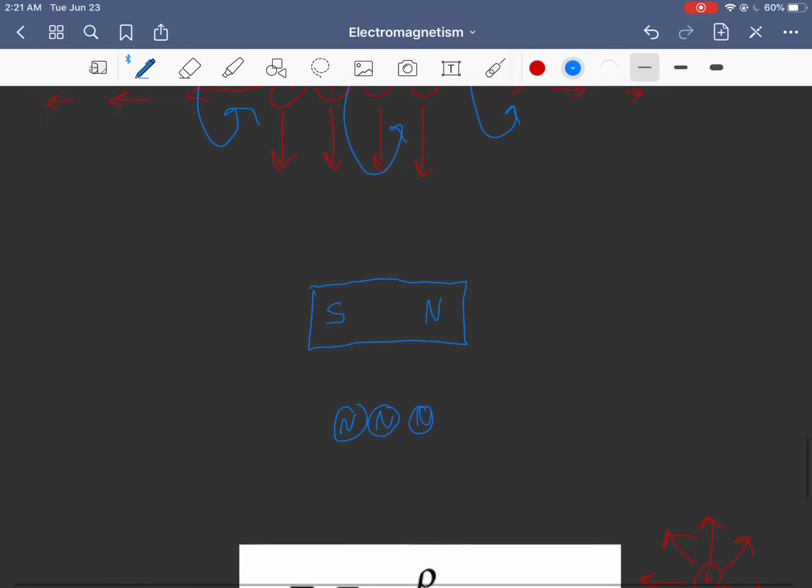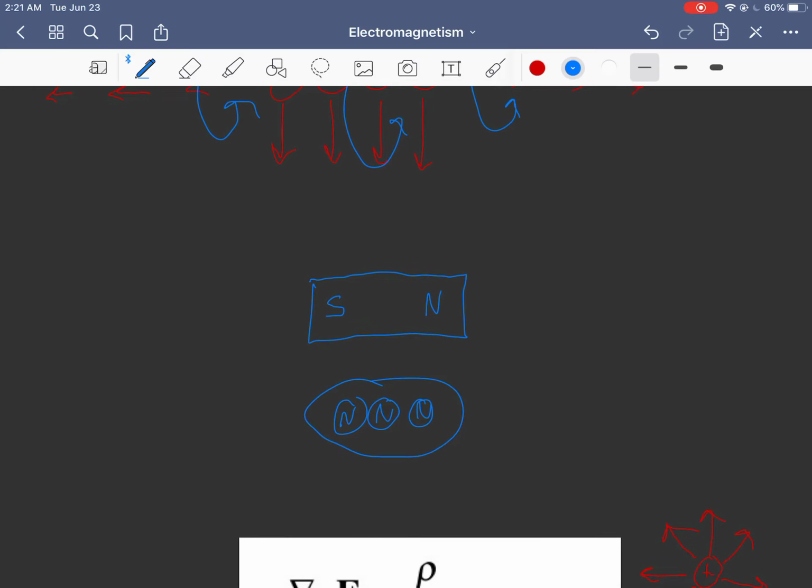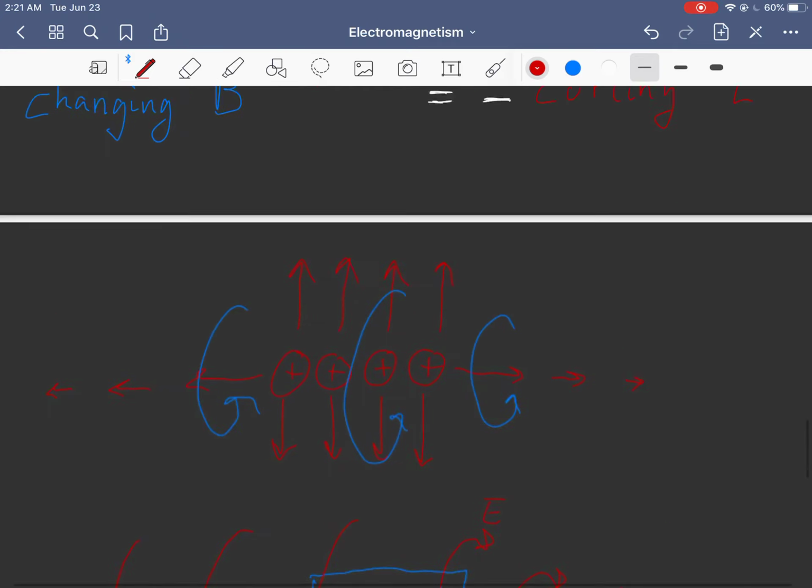You don't have to worry about a string of only North Pole objects though, because in reality, magnets always have a North and South pole. So what's going to actually happen is that the front part of the magnet is going to have electric fields spinning around it like this whenever it moves, and then has opposite spinning electric fields on the south side as it moves.